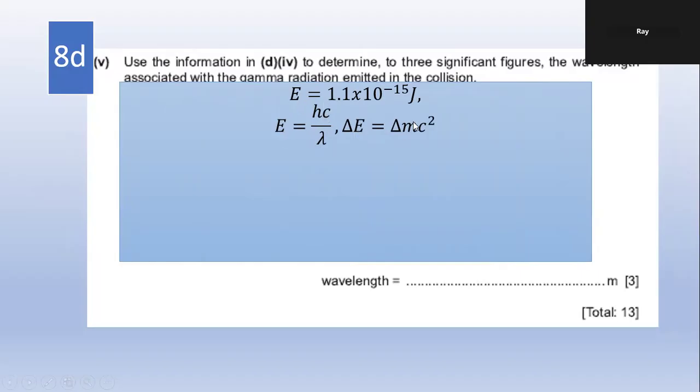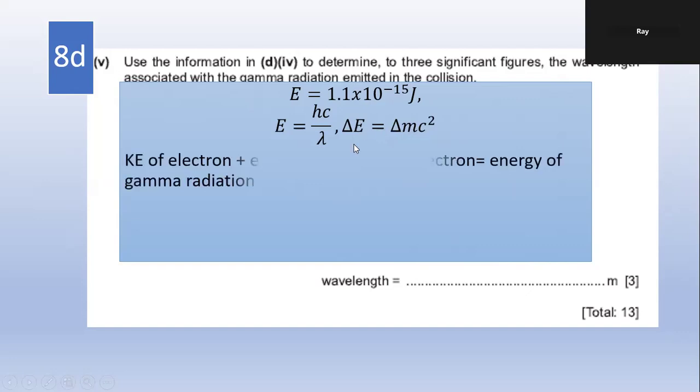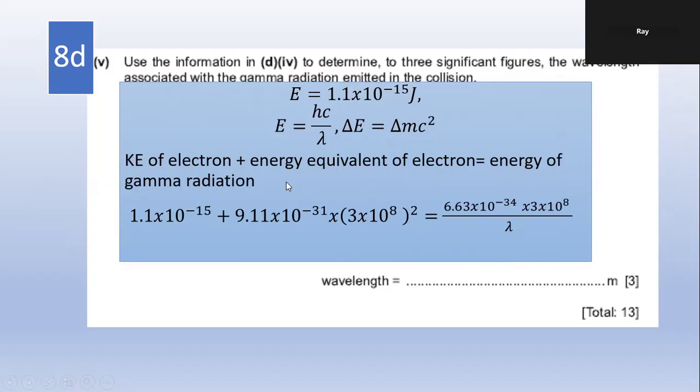And then this formula where the mass is converted into energy: kinetic energy of electron plus the energy equivalent of the electron.